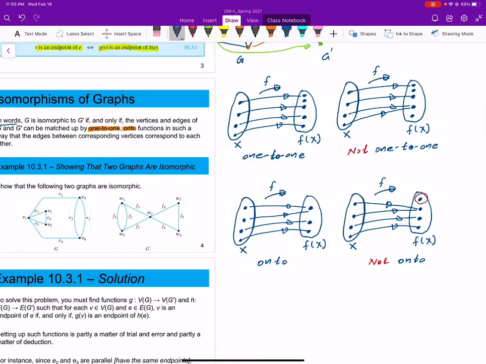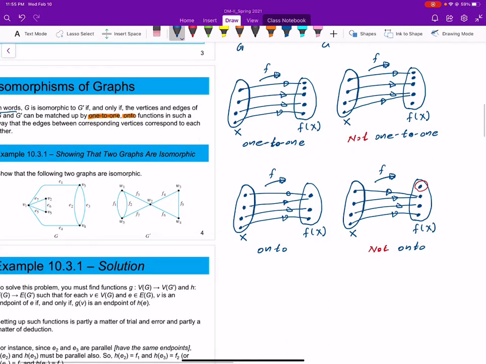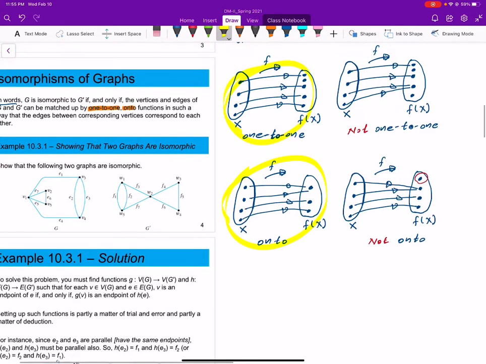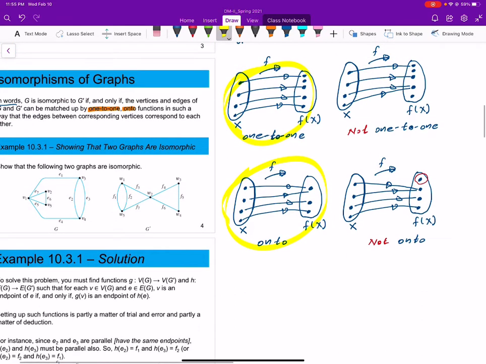If it happens to be both one-to-one and onto, then both conditions should be satisfied. In the one-to-one and onto case, each element in this set will be mapped by only one element of that set. That is called one-to-one and onto.